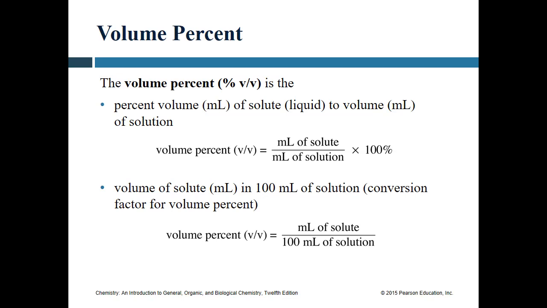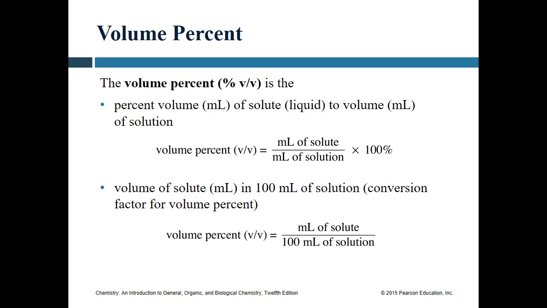It's easier to pop out a graduated cylinder and measure out 10 milliliters than it is to weigh a beaker, pour until I get exactly 10 grams, and then stop, and then go, oh, that's 10.01. Take your dropper out and pull out that extra little bit. It's a lot easier to measure volumes of liquids than it is masses. So that's where this kind of ratio can really be useful to us.